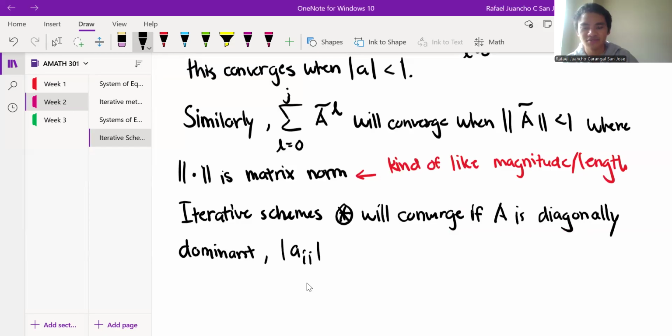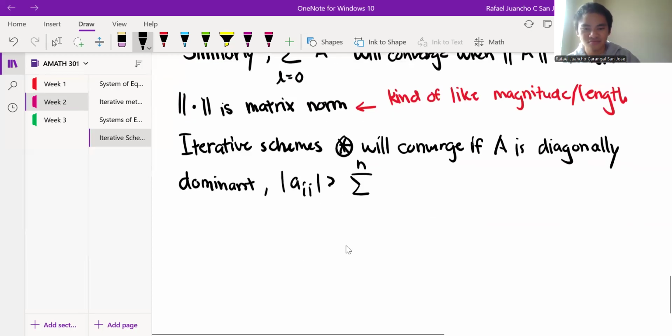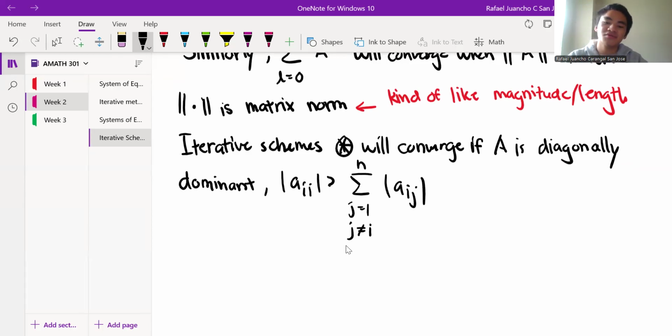The absolute value of the diagonal element a_ii should be greater than the summation over j from 1 to n, where j is not i, of a_ij. So the sum of all of the off-diagonal elements in that particular row should be less than the absolute value of my diagonal element.